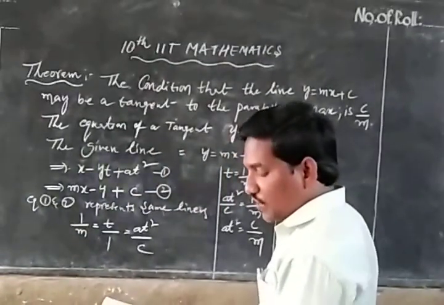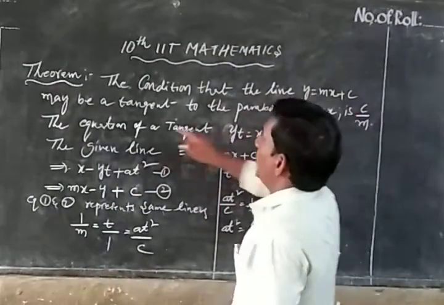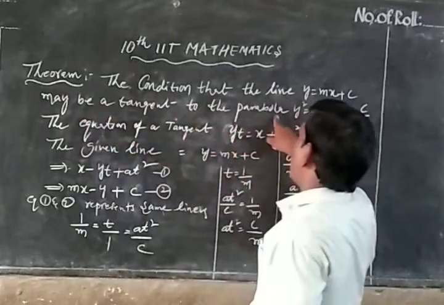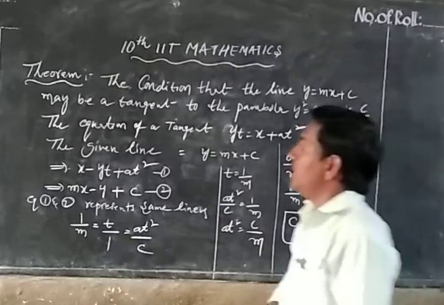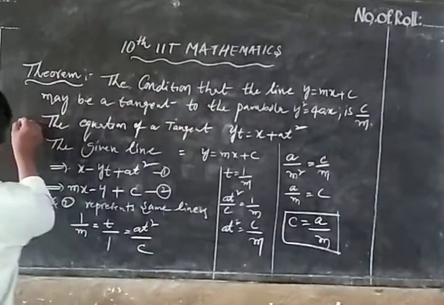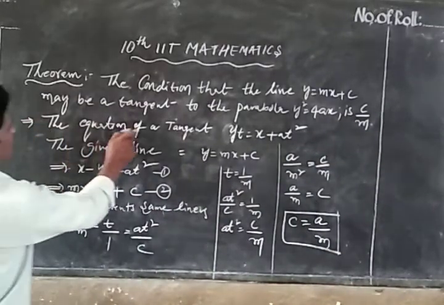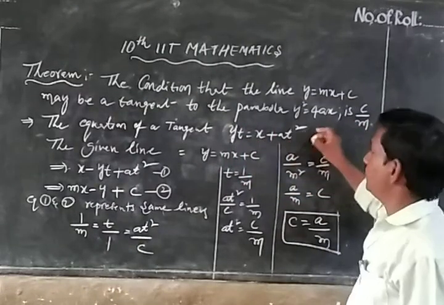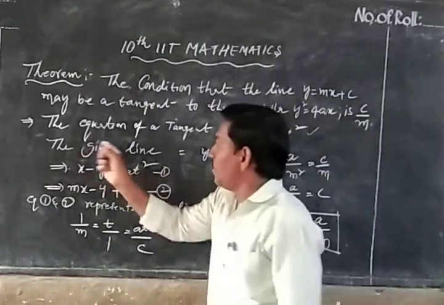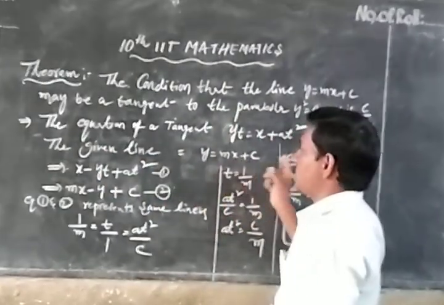Okay, once again. The condition that the line y is equal to mx plus c may be a tangent to the parabola y square is equal to 4ax is c equals a by m. Now the equation of the tangent yt equal to x plus at square. Now the given line y equal to mx plus c.